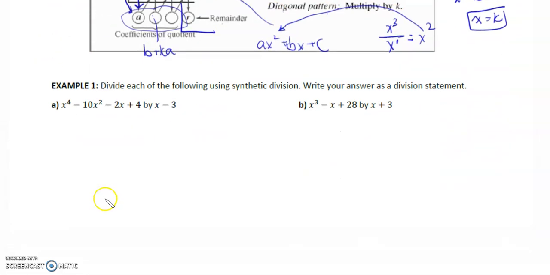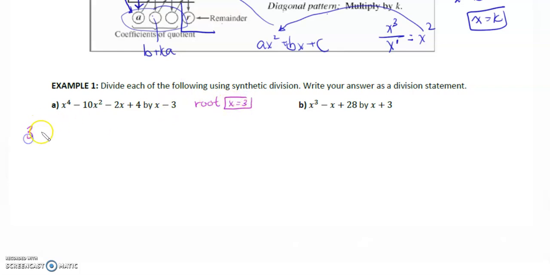All right. When we do these questions, it's actually going to be so much easier. Divide each of the following using synthetic division. Write your answer as a division statement. So x to the 4 minus 10x squared minus 2x plus 4. We're going to divide that by x minus 3. So our root is x equals 3.